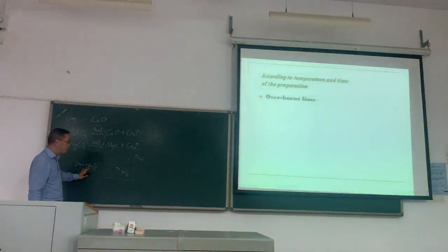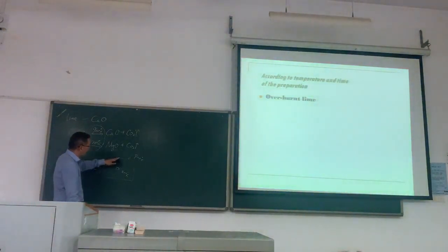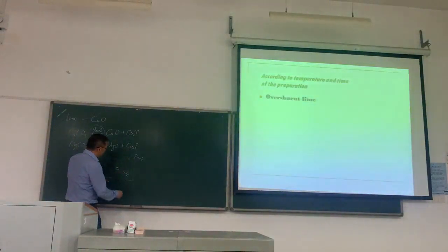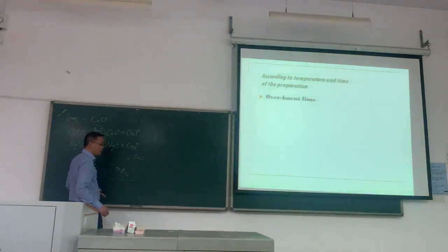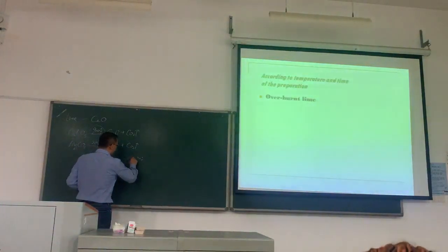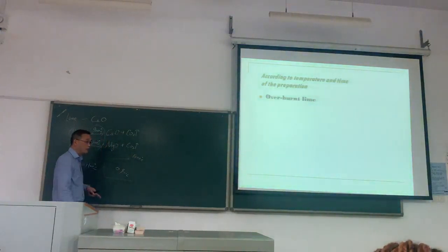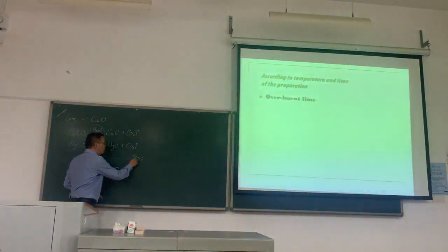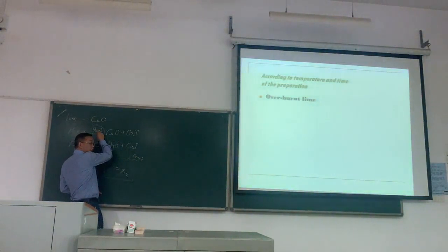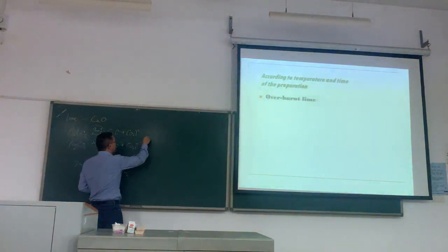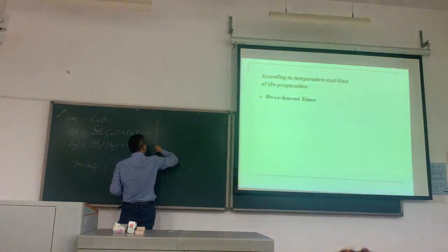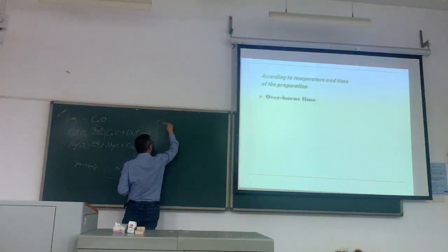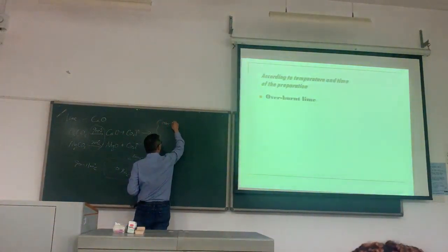But if we set it so that at the core it is about 900, maybe at the surface it is 1000. This temperature is bigger than 900, so this is the way we get overburnt lime.